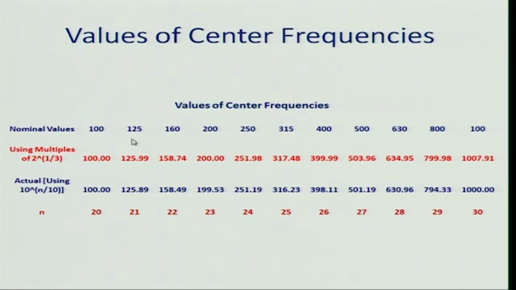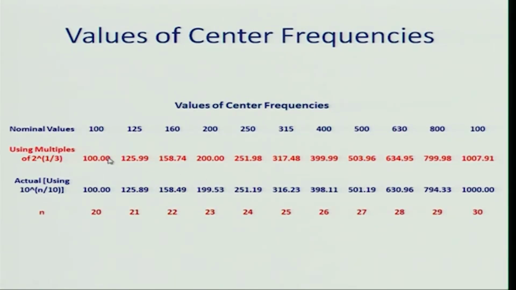Okay. Now, interestingly enough, when you look at the mathematics, if you multiply this starting frequency 100 by 2 to the power of 1/3, what is the number you get? 125.99. When you do this again, 158.74, 200, 251.98, 317.48, 400, this should be actually exactly 400, and so on and so forth.